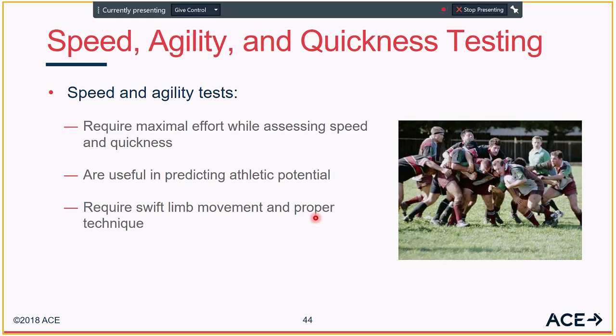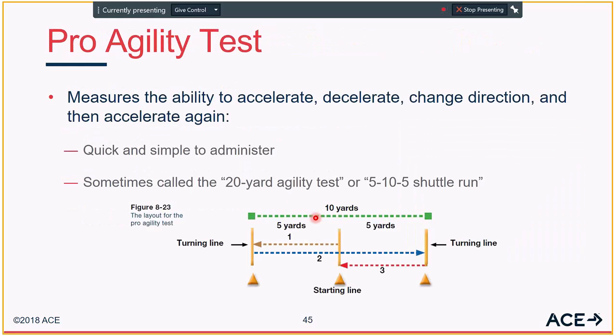Speed and agility and quickness tests. So that's our agility. Agility would be being able to change directions very quickly, so you're changing direction, stopping on a dime, and maybe changing your momentum to switch directions that way. And speed is being able to cover a certain distance in a quicker amount of time.